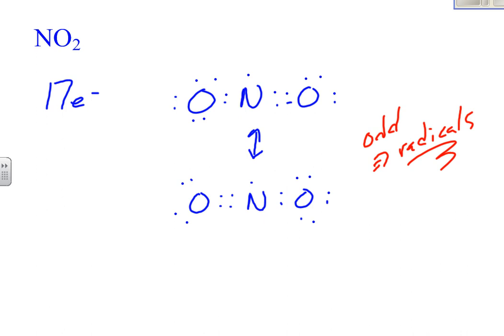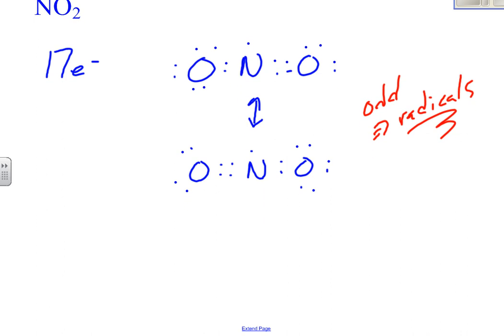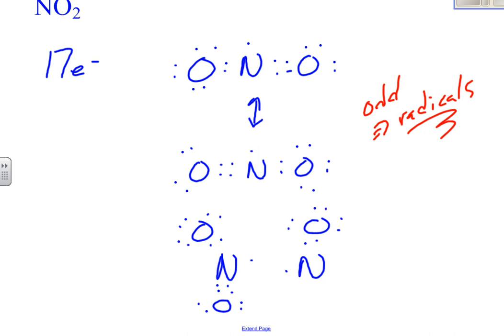Now, the other thing that happens with these is if I put 2 of them together, maybe you can guess what could go on here. If I put 2 of these molecules together, what do you suppose might happen?